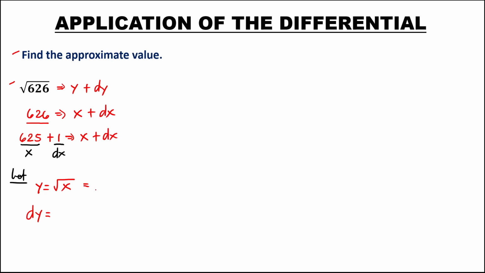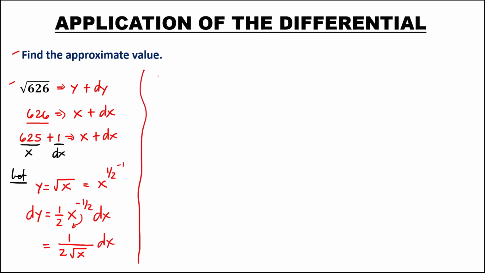Since the square root of x in exponential form is x to the power 1 half, to find the derivative we have 1 over 2 times x to the power negative 1 half times the dx. To simplify, this is 1 over 2 times the square root of x, because x to the power 1 half is the square root of x, times the dx.